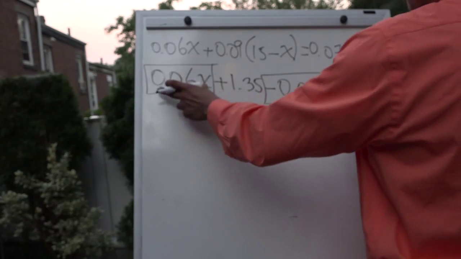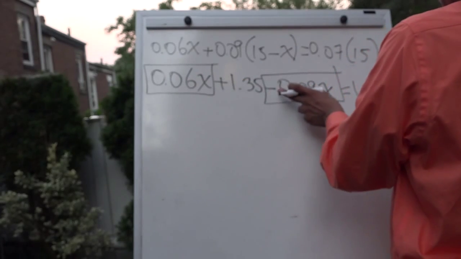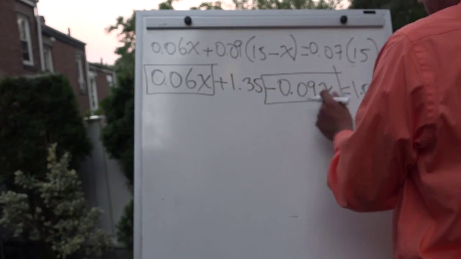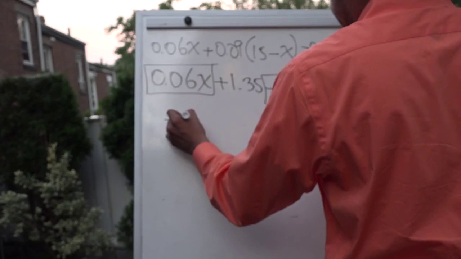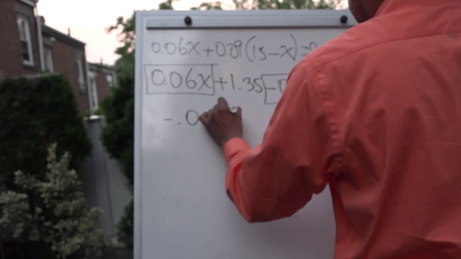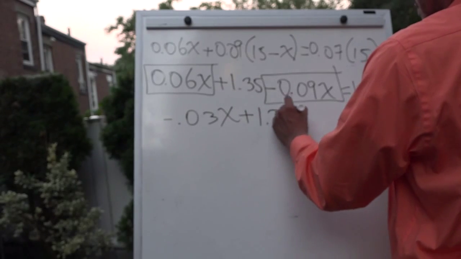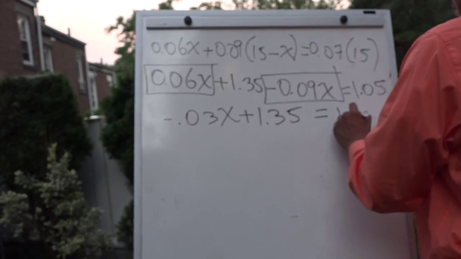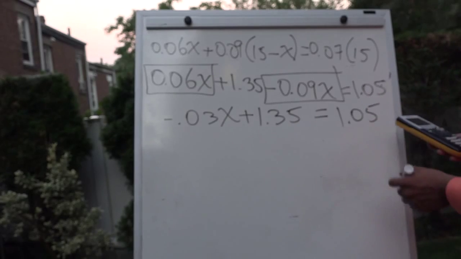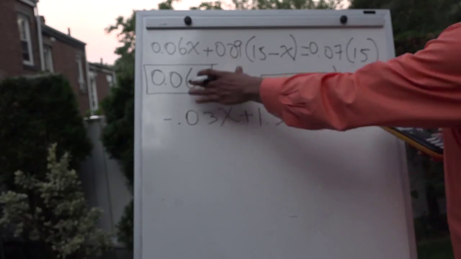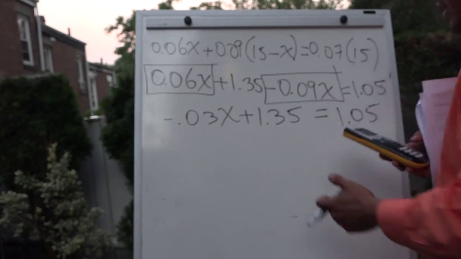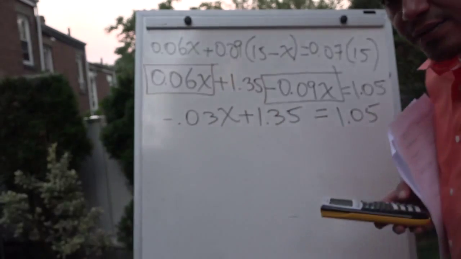Okay, so this 0.06x minus 0.09x is negative 0.03x. Then bring this one down. Okay, now do I have like terms? I did already. Variables on both sides? No. Additive inverse? Yes.